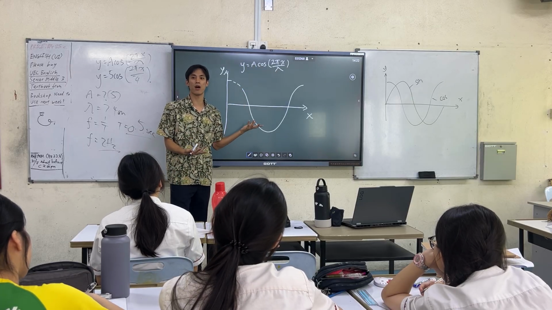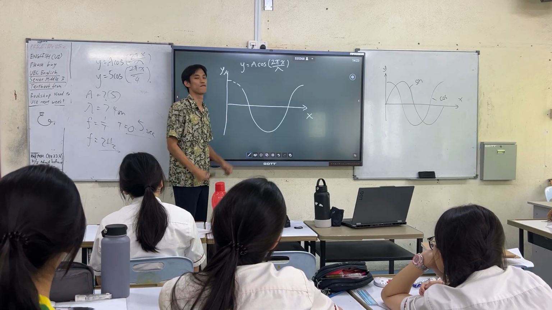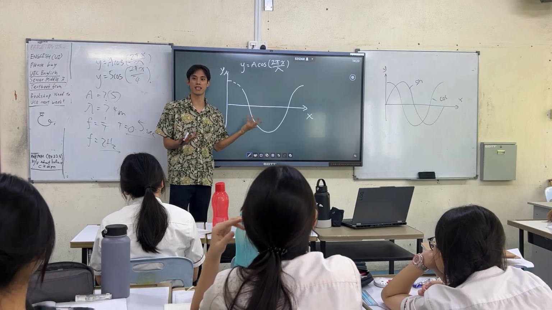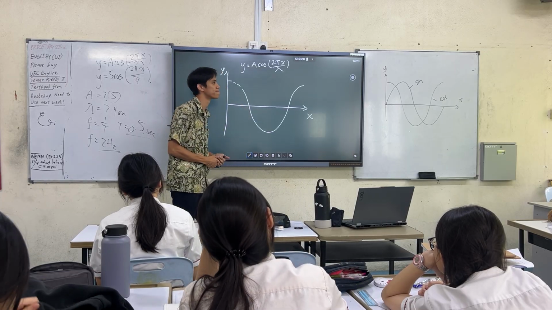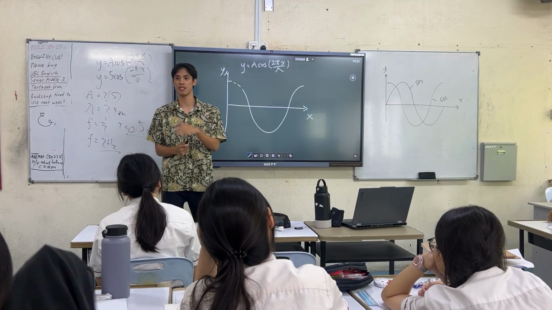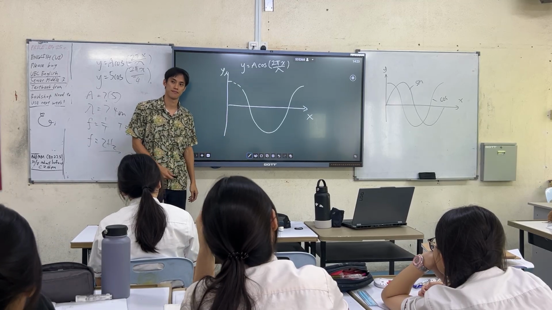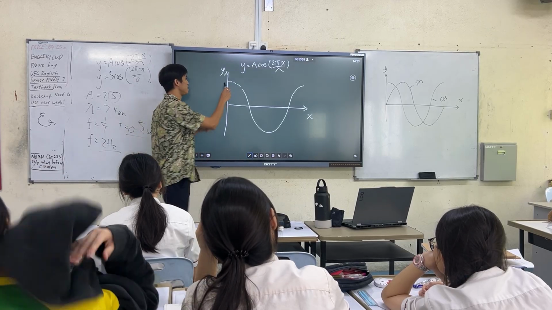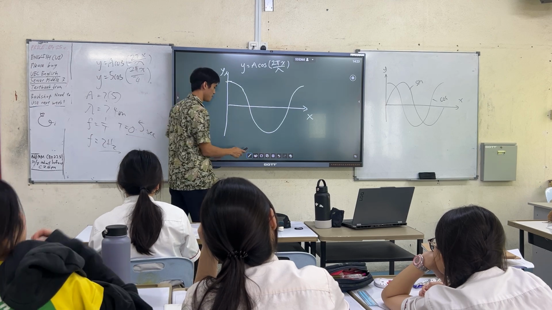So what happens if I want to find 5 seconds or 2 seconds later? How should I draw? Actually, not 2 seconds later. If I want to find half a period later, how should I draw? If this one is moving forward, what will it look like?